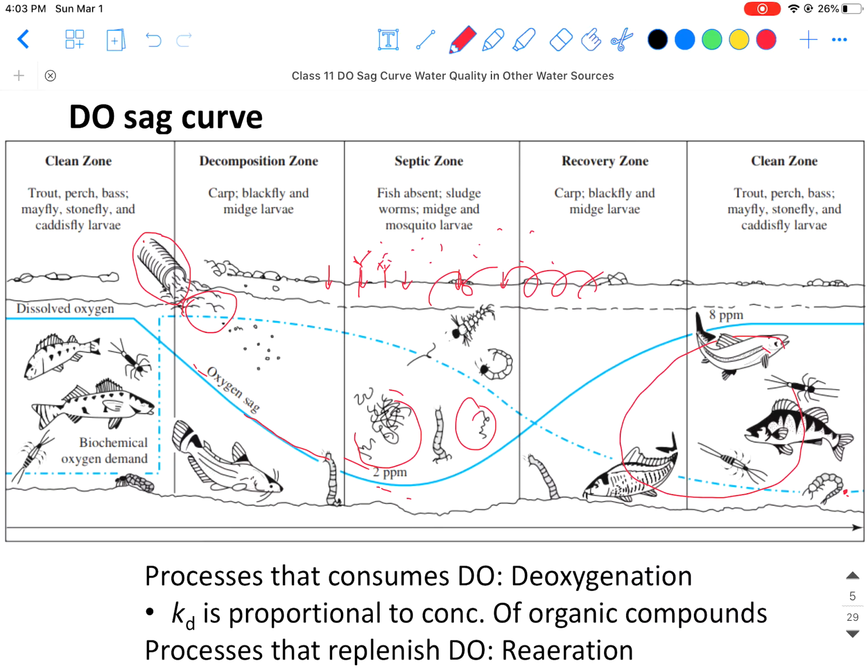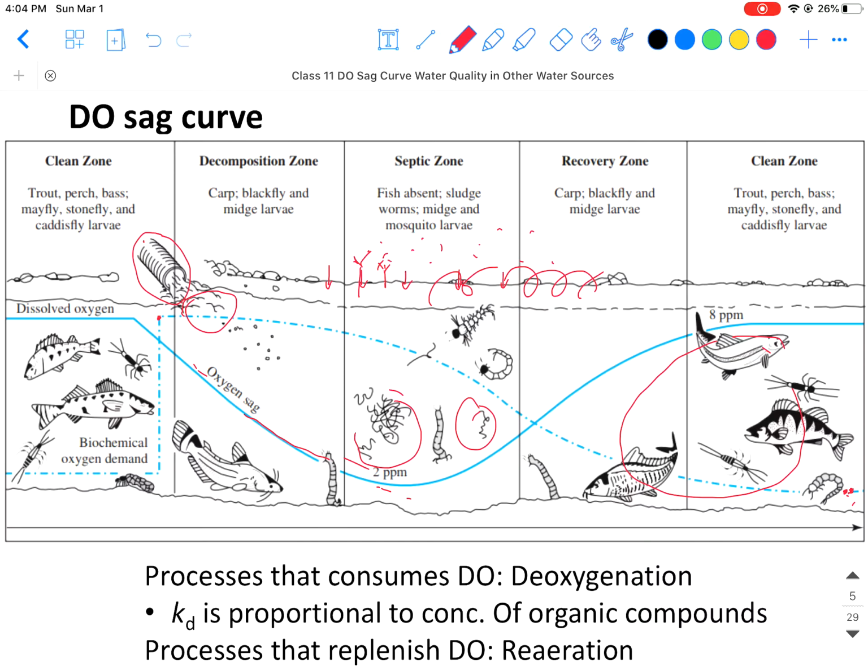Okay, so if we plot out the biochemical oxygen demand, or the BOD, you can see that at this mixing point the BOD is 0, and then as time goes on the BOD will keep increasing, and then finally it's going to reach this plateau here, and we call this value the ultimate BOD, which was introduced in our last class.